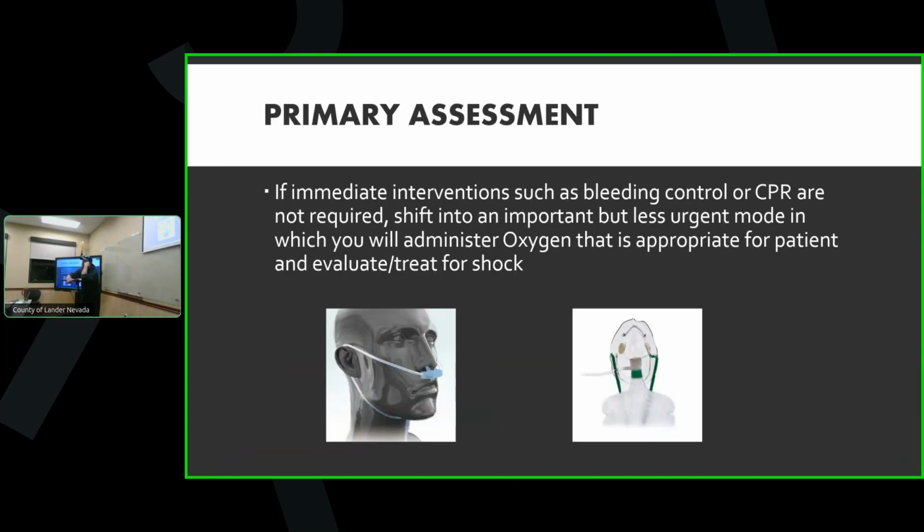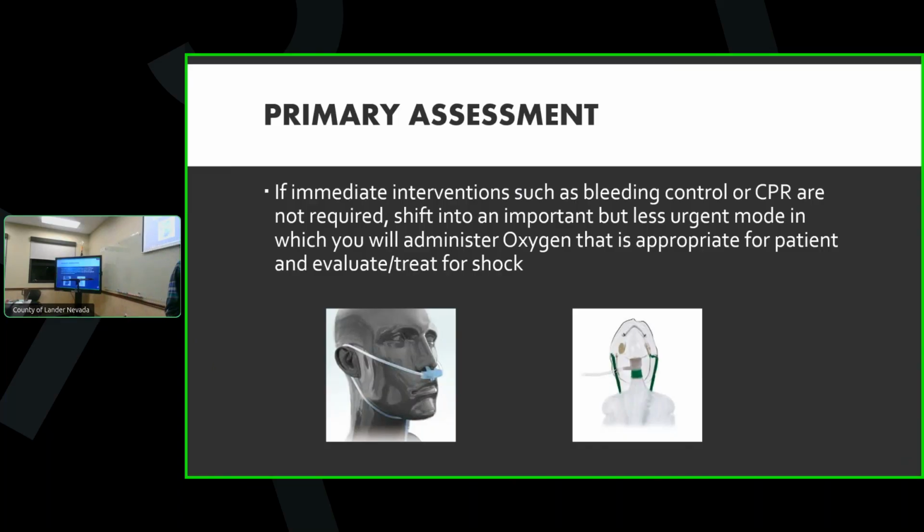All right, so primary assessment, if bleeding control and CPR are not required, this is where you switch to your important but less urgent, right? So this is where you start to administer your oxygen. How I run through this whenever we get to our primary assessment: BSI, scene safety, C-spine, ALS, all that stuff. General impression, AVPU, life threats.